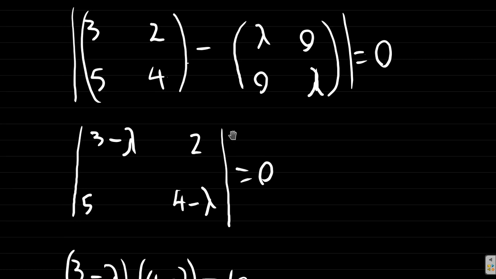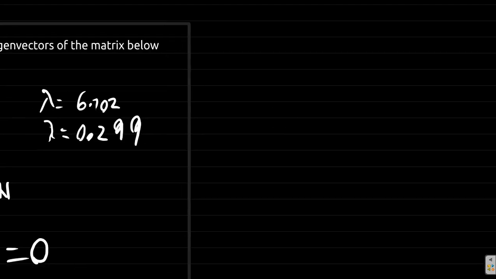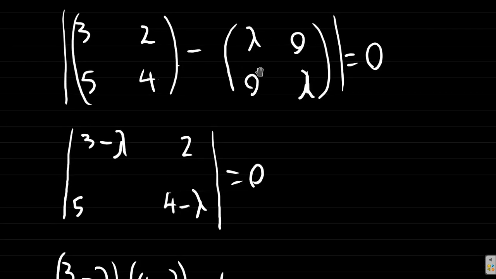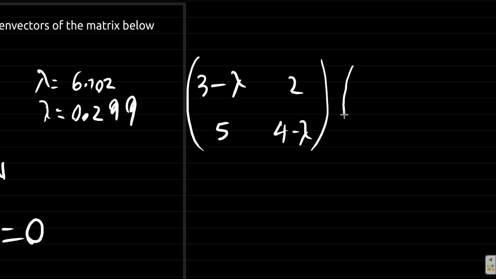So it was 3 minus lambda, 2, 5, 4 minus lambda, times the vector. Let's call these x, y.